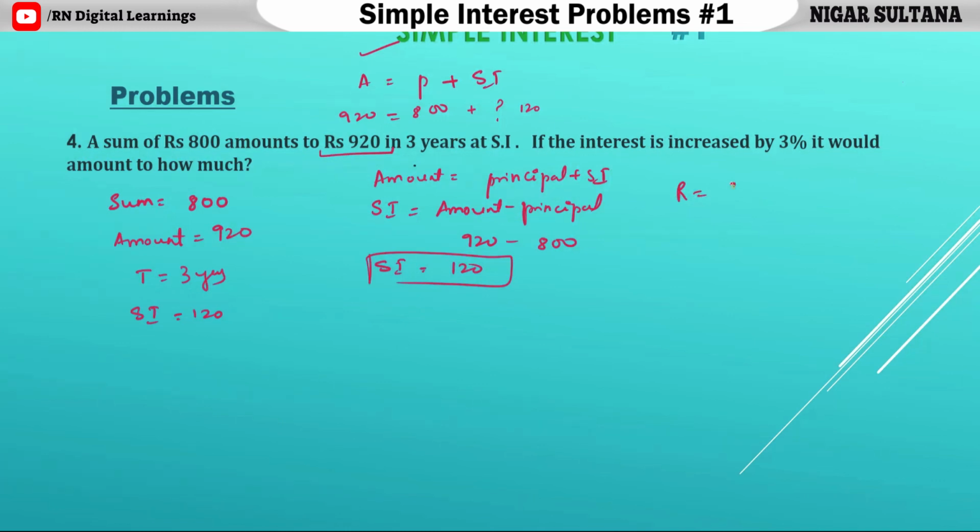R is equal to simple interest into 100 divided by P into T. Simple interest is 120 into 100 divided by what is the principal amount? 800 into time is 3 years. 2 zeros get cancelled. 4 2s are 8, 4 3s are 12. It is 10 by 2. What is the value of R? It is 5%.